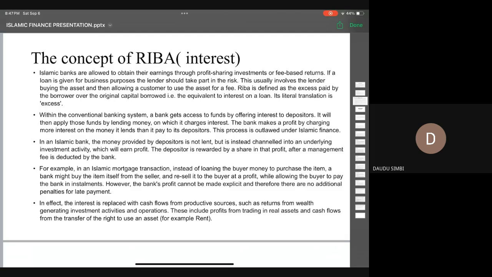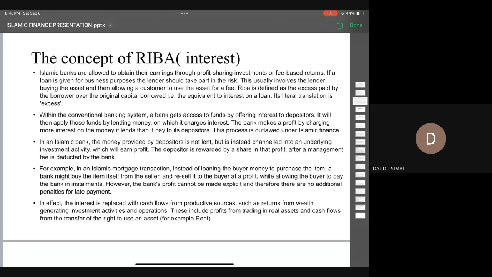In an Islamic bank, the money provided by depositors is not lent, but is instead channeled into an underlying investment activity, which will earn profits. The depositor is rewarded by a share in that profit after a management fee is deducted by the bank.